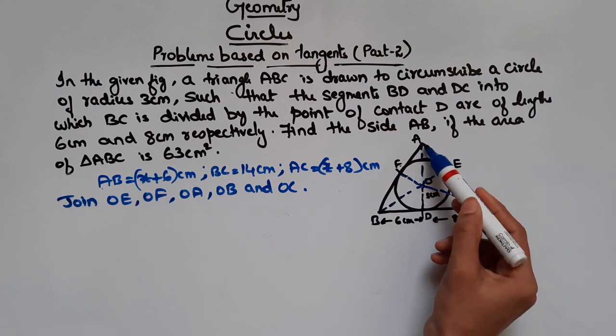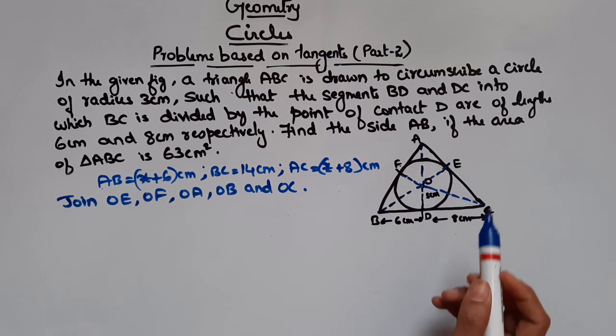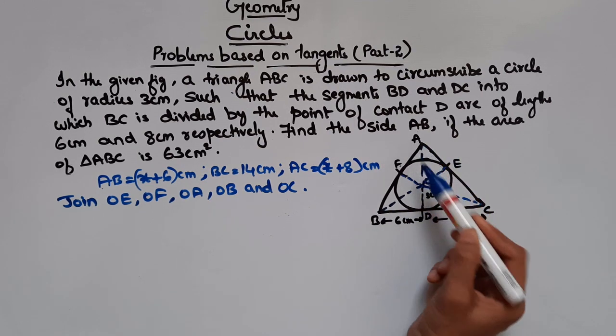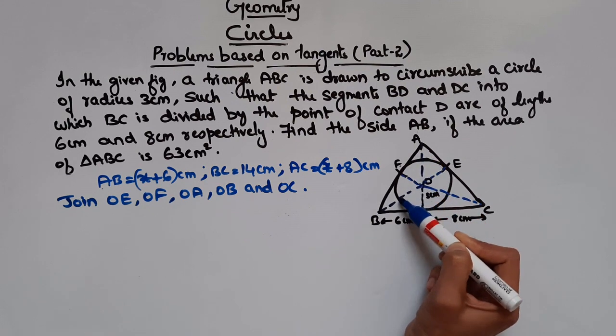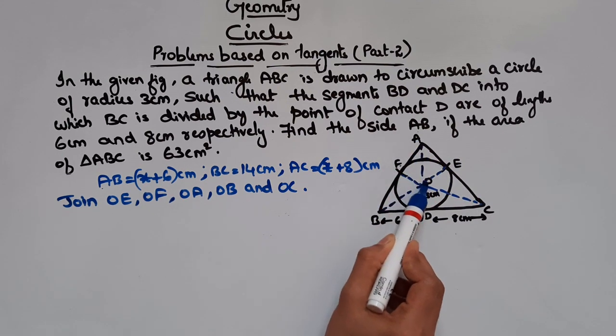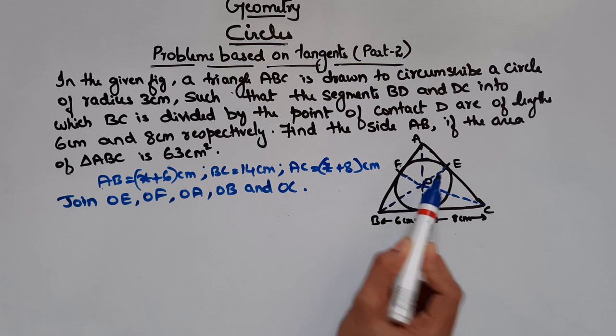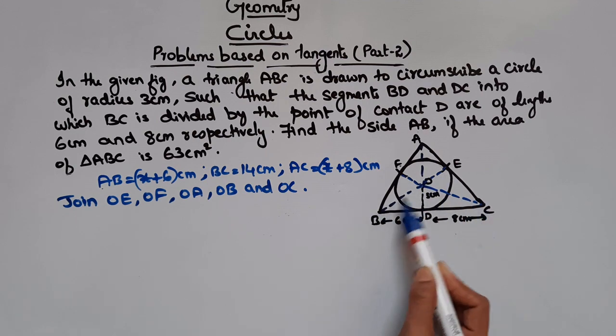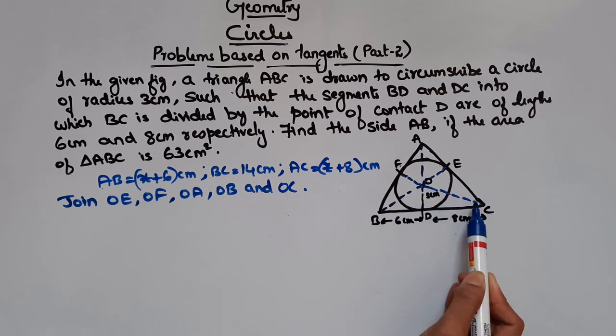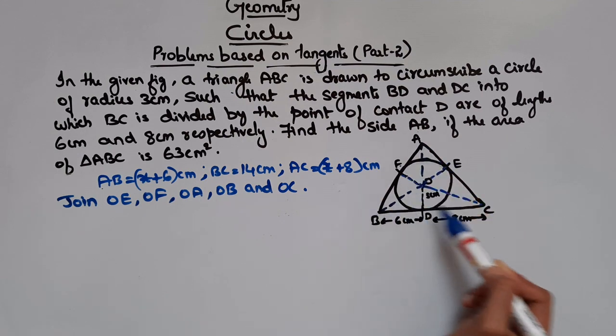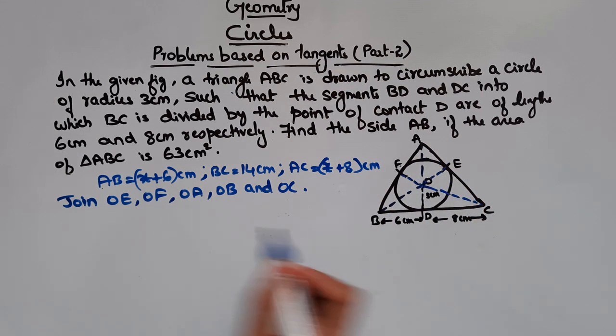So now we can write area of triangle ABC is equal to area of triangle AOB, this small triangle, plus area of triangle AOC, this triangle, plus area of triangle BOC, this triangle. These three parts will give you the whole triangle, right? So let me write that.